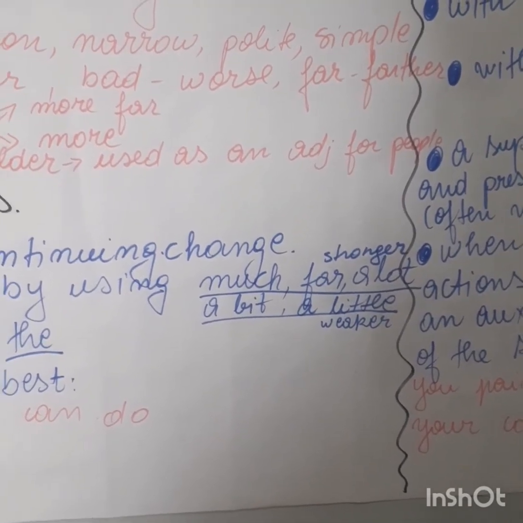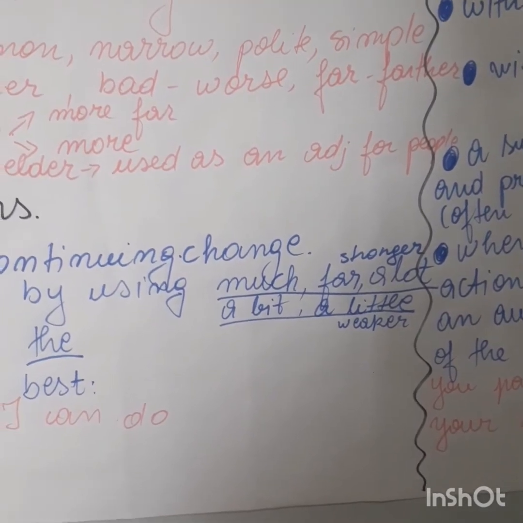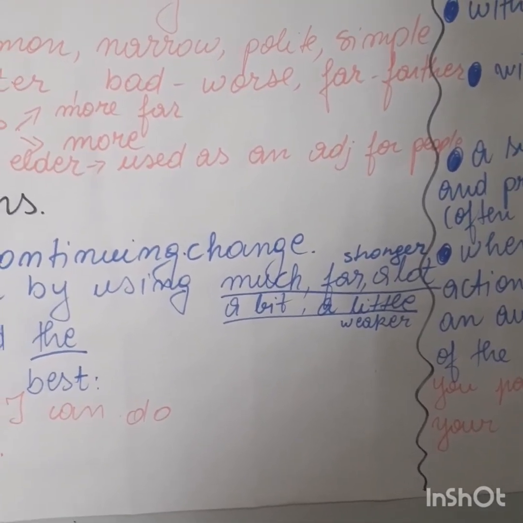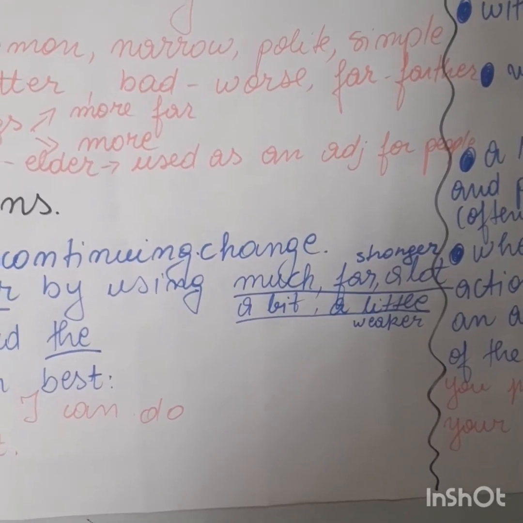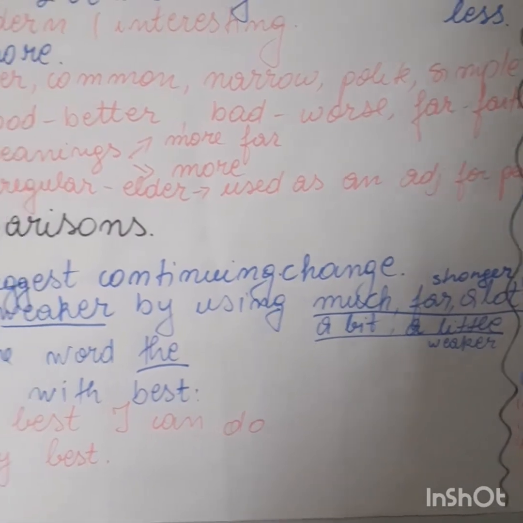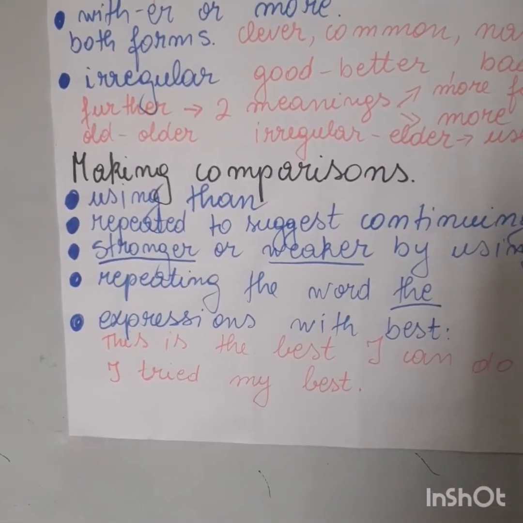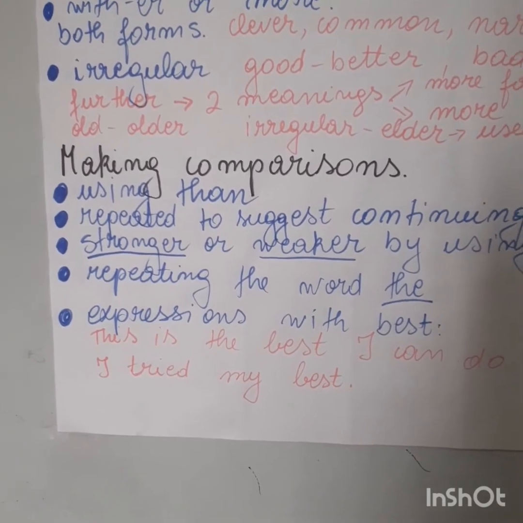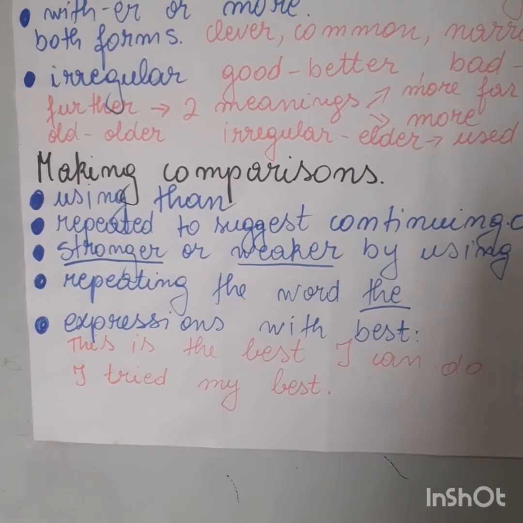Much, far, a lot are used to give a meaning of stronger, and the meaning of weaker are used the words a bit and a little. For example, this book is much more expensive, or this book is a little more expensive.